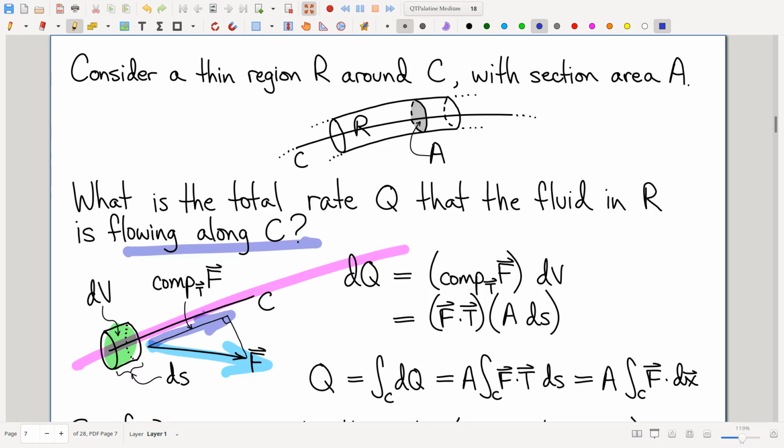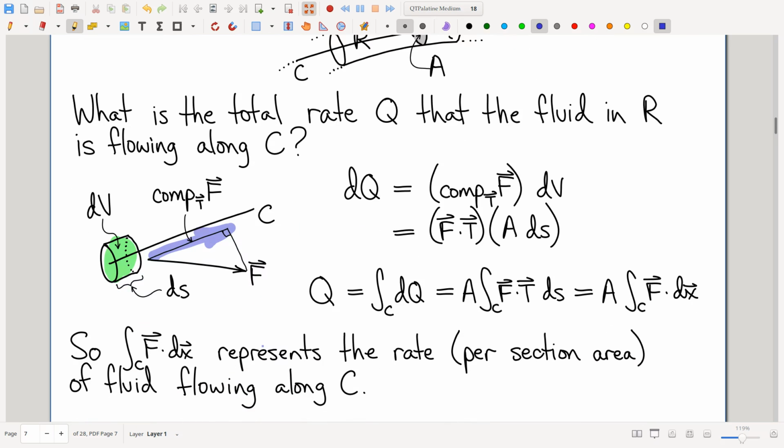And good news, it's easy to write all this stuff down. That little piece of volume, not much to it. That little piece of volume is just the area of the cross-section times ds, representing the length of that little piece of curve. And this component, well, we know how to compute components. Components are dot products with unit vectors.